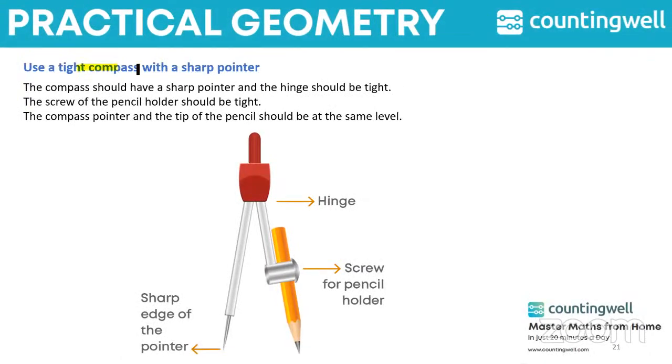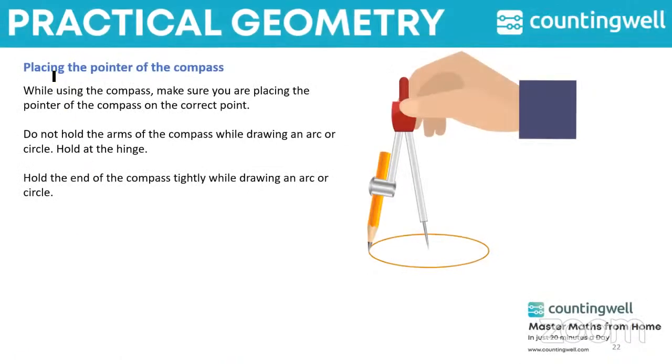Also use a tight compass with a sharp pointer, and make sure that the compass pointer and the tip of the pencil are at the same level. Also the hinge should be tight. The hinge is nothing but the part of the compass where you are holding it. Also, while placing the pointer of the compass, make sure you're placing it on the correct point.